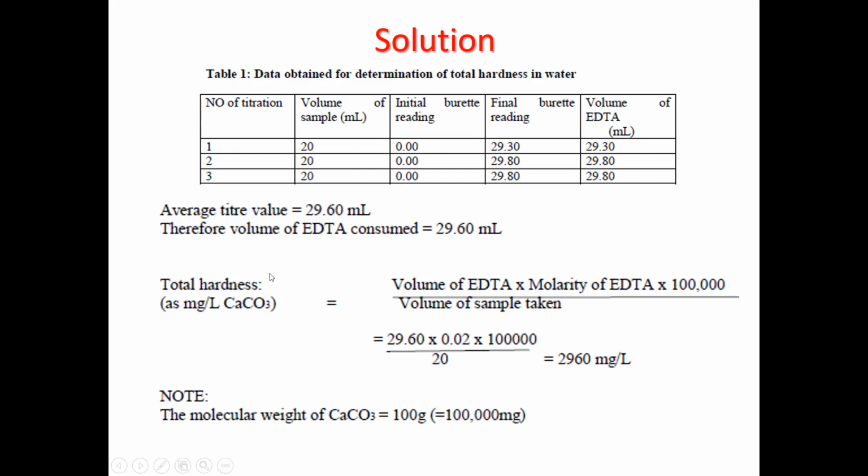In calculating hardness as milligrams per liter of calcium carbonate, it is the volume of EDTA multiplied by the molarity of EDTA multiplied by 100,000 and divided by the volume of sample taken in ml. The reason why we multiply by 100,000 is that the molecular weight of calcium carbonate is 100 grams, but we need it in milligrams per liter. So it's going to be 2960 milligrams per liter.